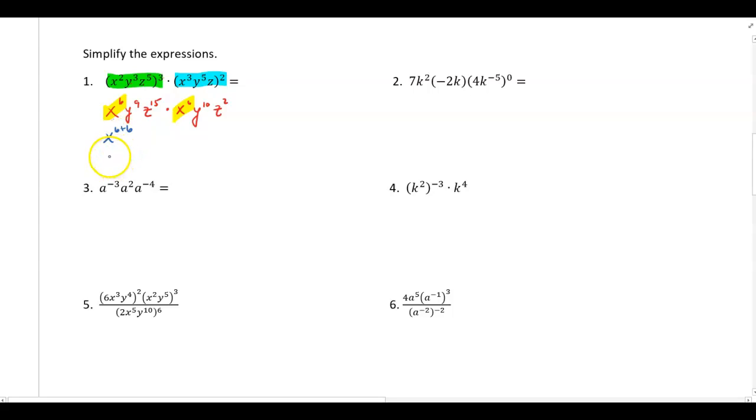So x to the 6 plus 6 would be x to the 12. Y to the 9th times y to the 10th would be y to the 9 plus 10, which is y to the 19th power. Then z to the 15th times z to the 2nd would be z to the 15 plus 2, which is z to the 17th power.